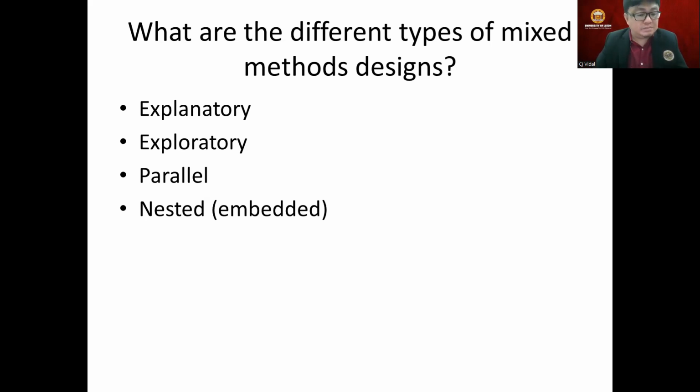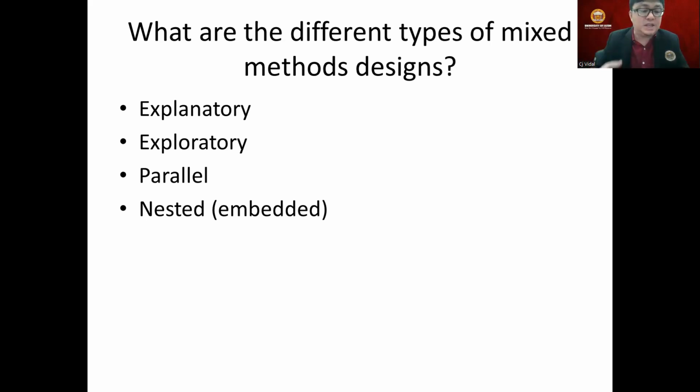The second type, also referred to as sequential exploratory, is where qualitative data are collected and analyzed first. So it's the reverse of explanatory. If in explanatory you begin with quantitative data first and then qualitative, in exploratory you begin with qualitative data.